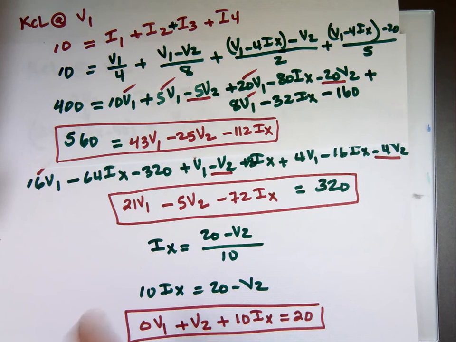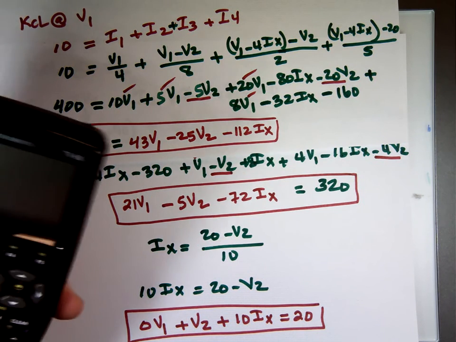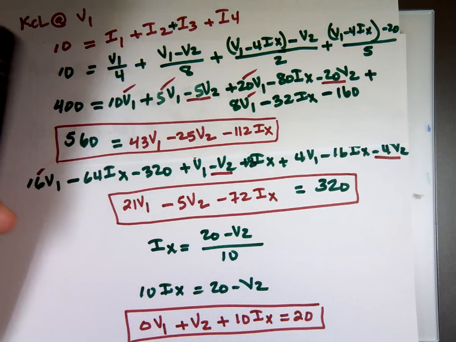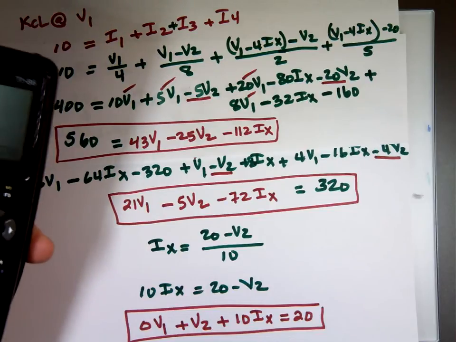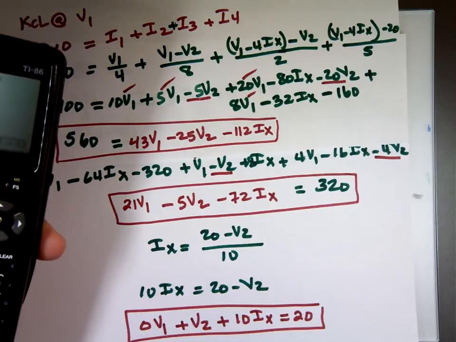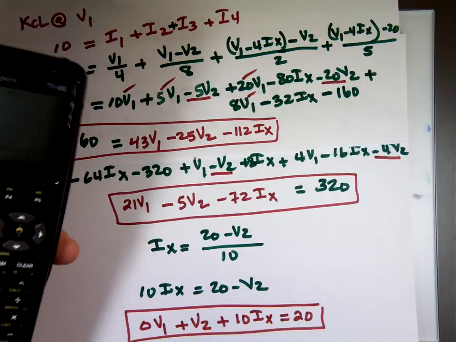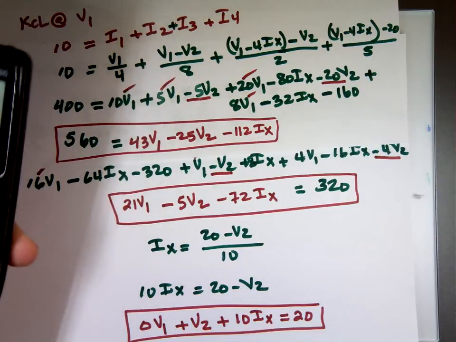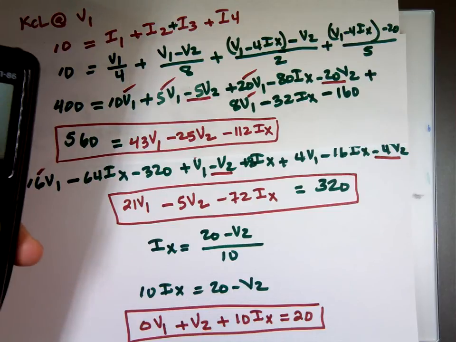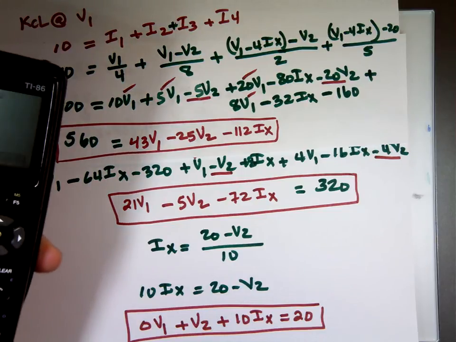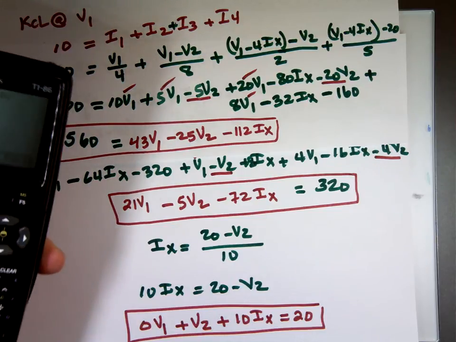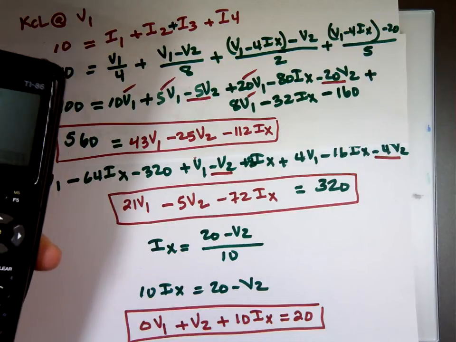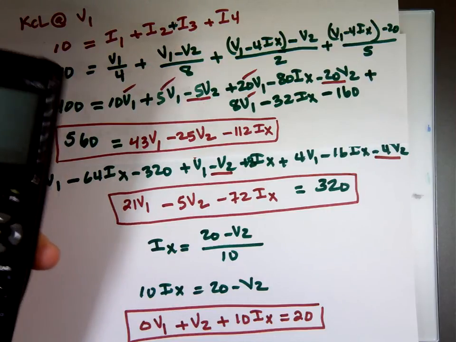Three equations. 4, 3, negative 25, negative 112, 560. 2, 1, negative 5, negative 72, 320. 0, 1, 10, 20.